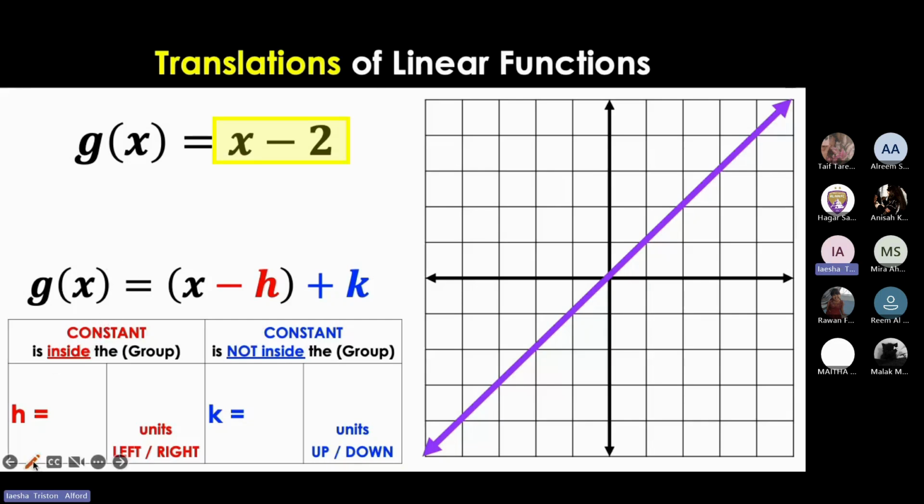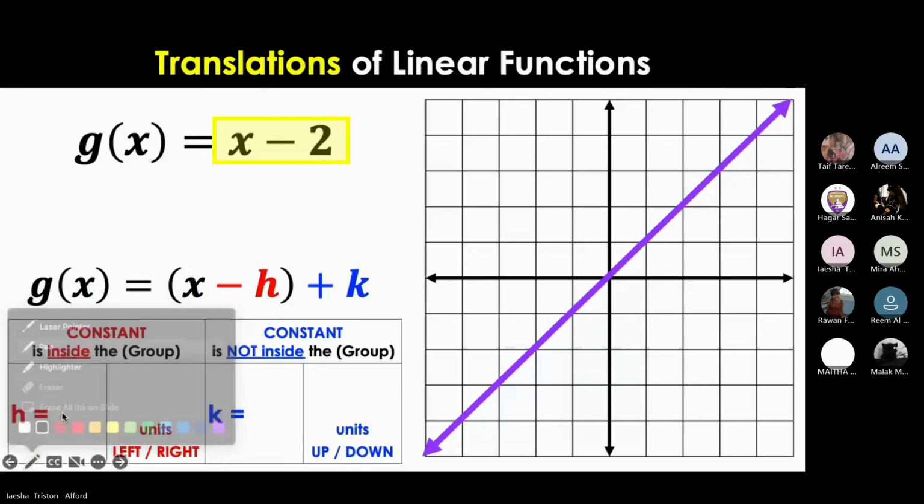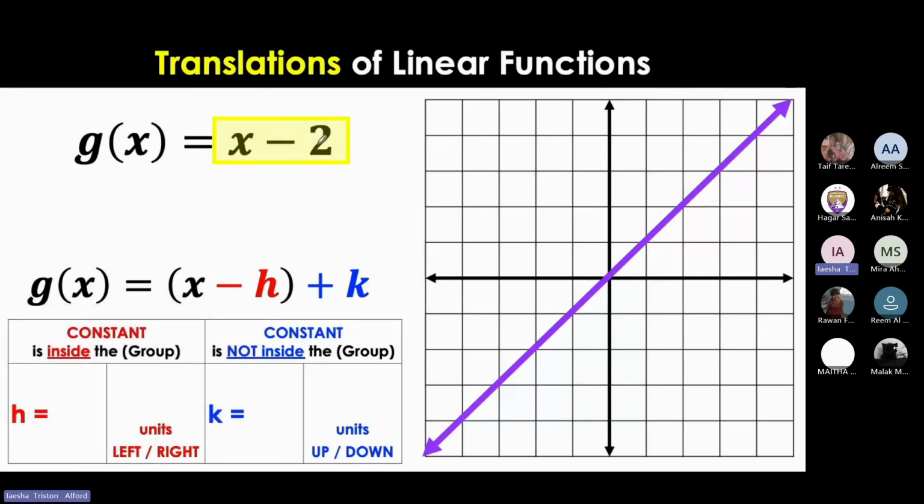Decide which one. This negative 2, is it in parentheses or not in parentheses? Out of parentheses. Okay, so we're going to call this one K.